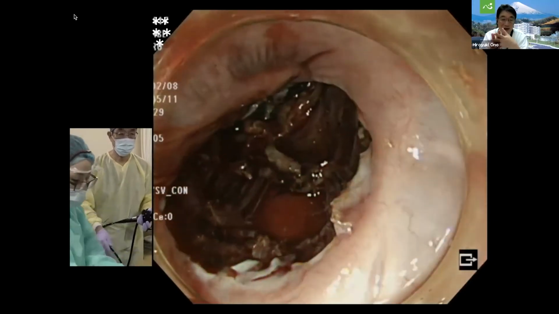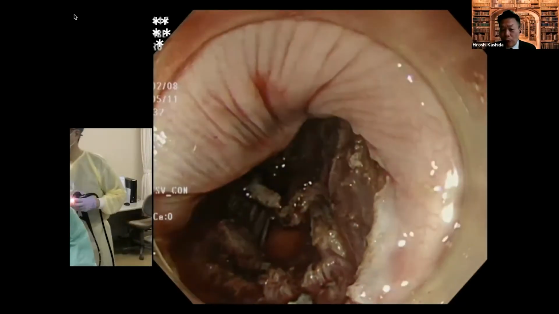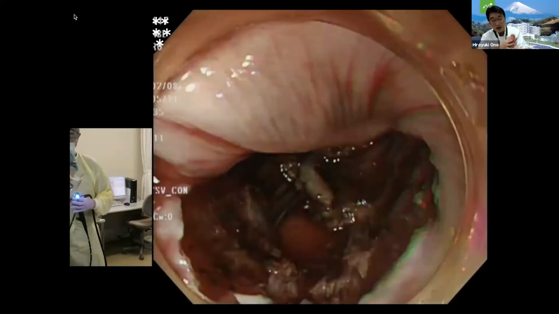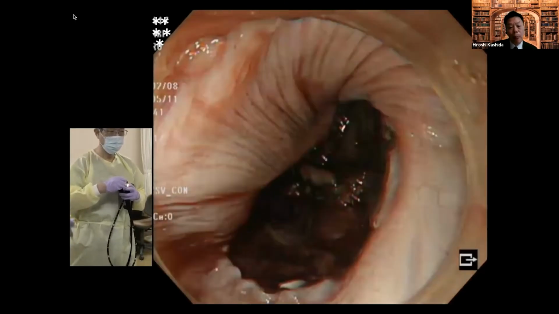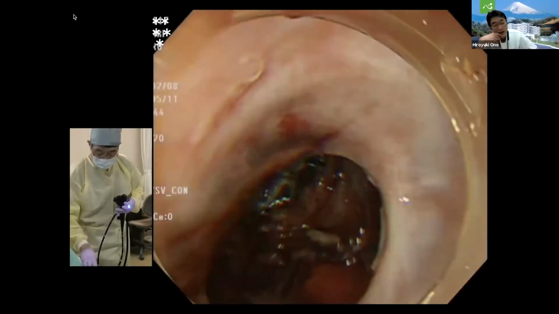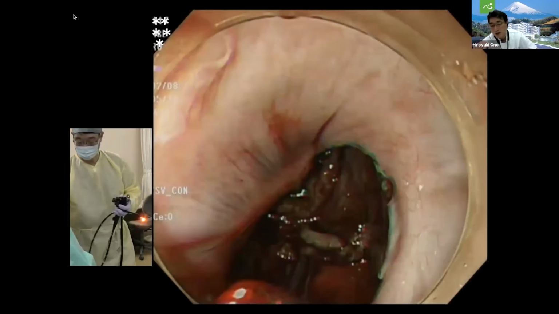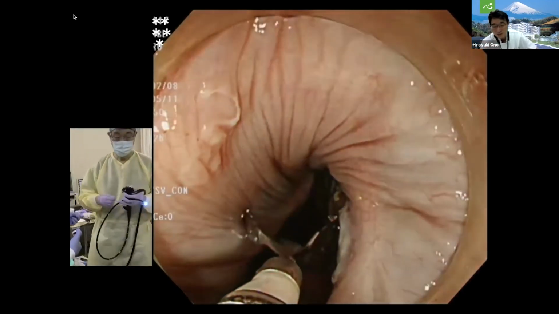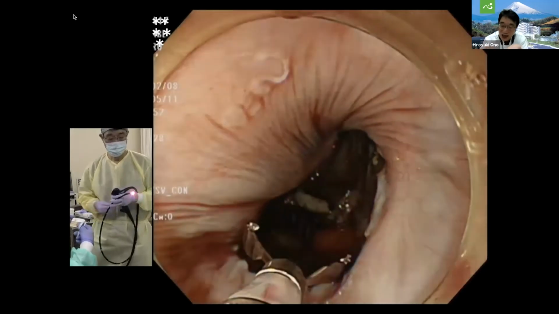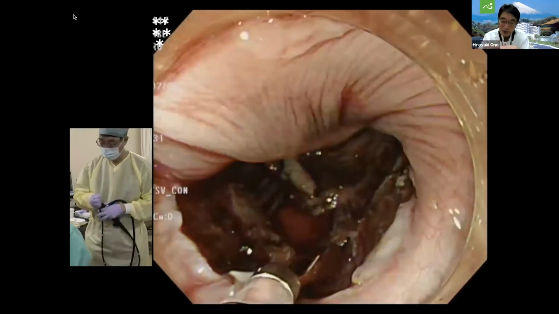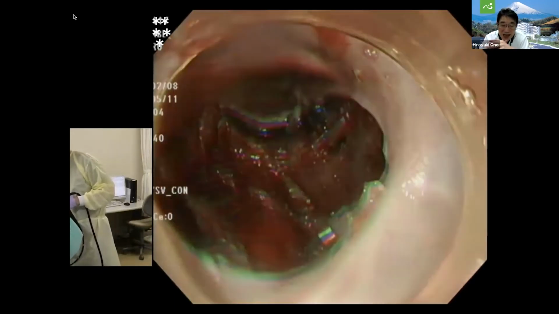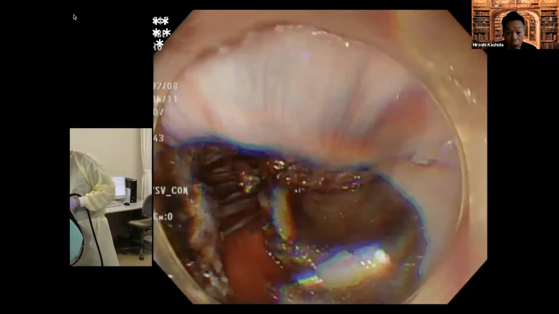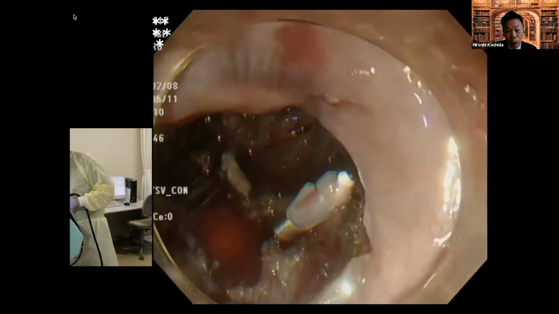Did you use ordinary clips or special clips? Just an ordinary, easy clip. Now we have many clips and OTSC, but OTSC is difficult in such a narrow lumen. First, I failed like this, with one side clipping.